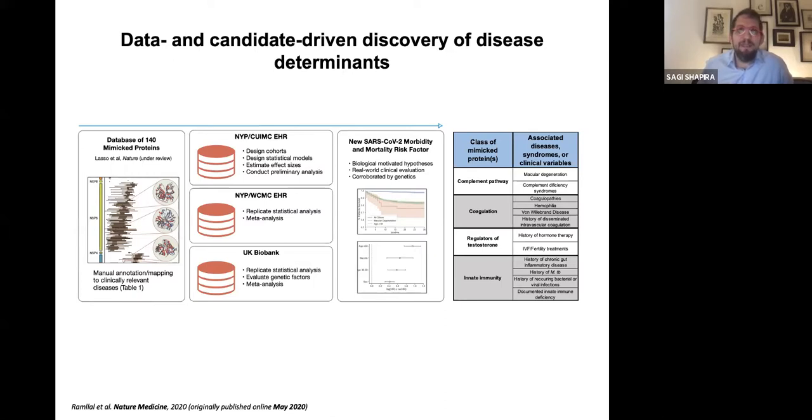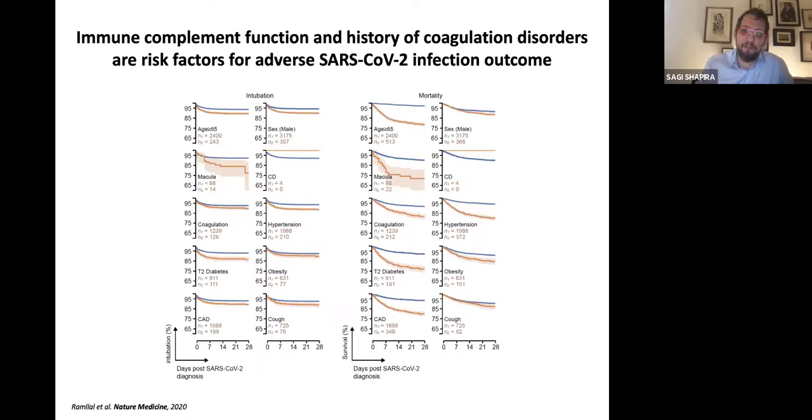And in fact, even patients that have macular degeneration that do not have complement dysfunction, the disease is associated with hypercomplement activation. We can talk a little bit more about this towards the end of the discussion.